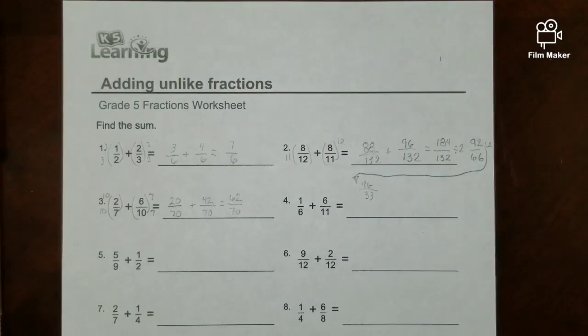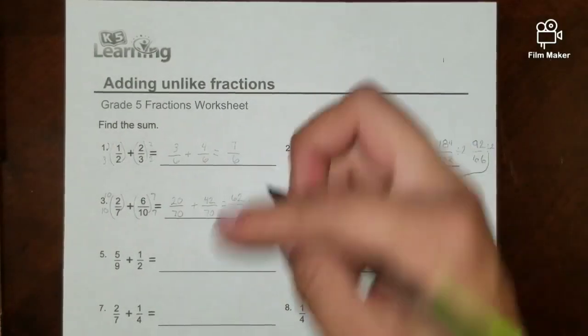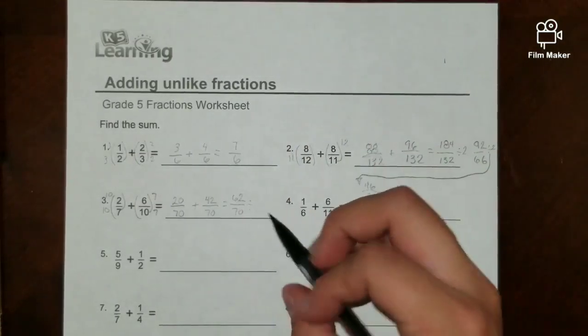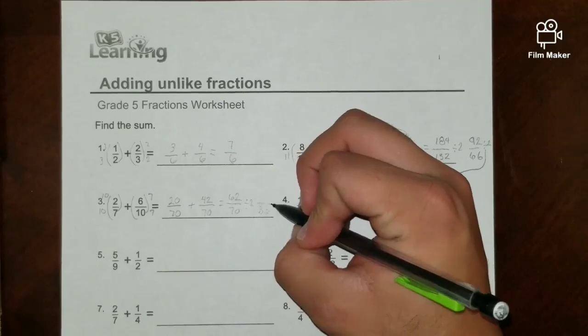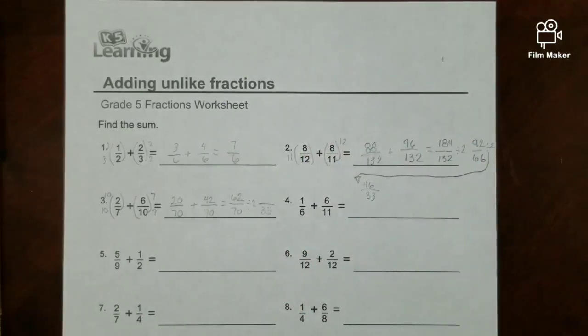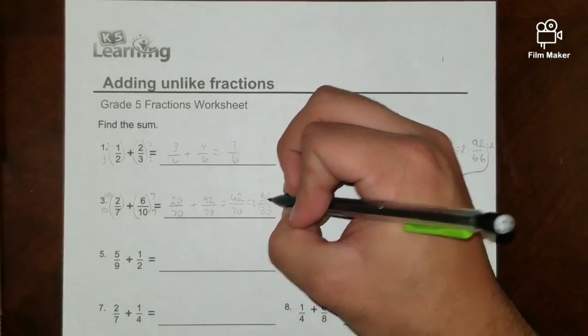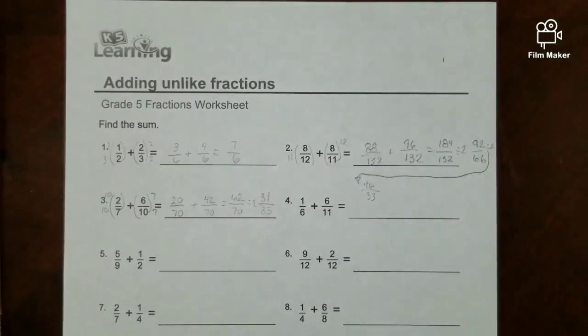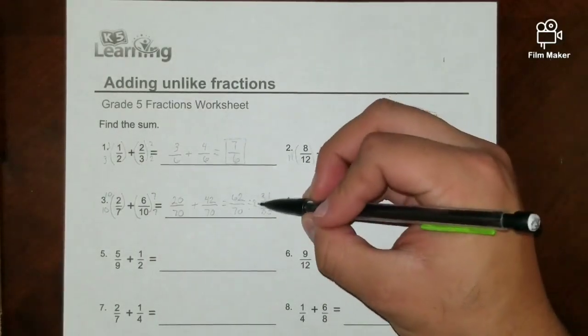And since they are both even, we can divide them by 2. 70 divided by 2 will give us 35, and 62 divided by 2 will give us 31. And that would be our final answer, 31 over 35. Here, let me box the answers in just so you can see them.